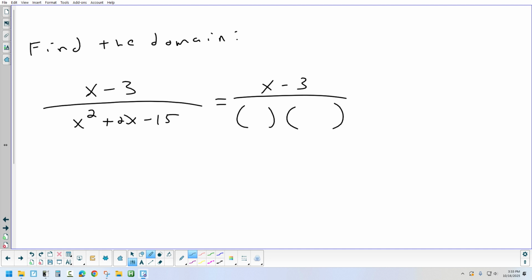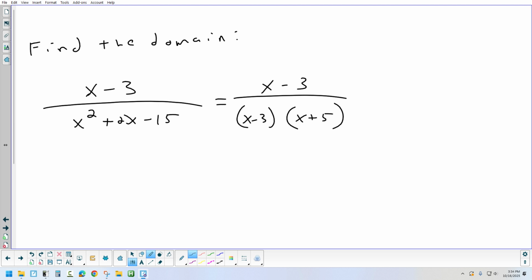How does the denominator factor? x minus 3, x plus 5. You can check it by multiplying it out. We get x squared plus 5x minus 3x is 2x, and negative 3 times 5 is negative 15.